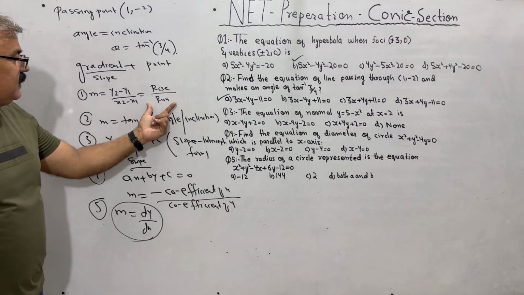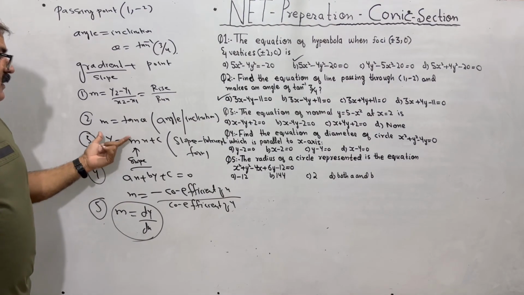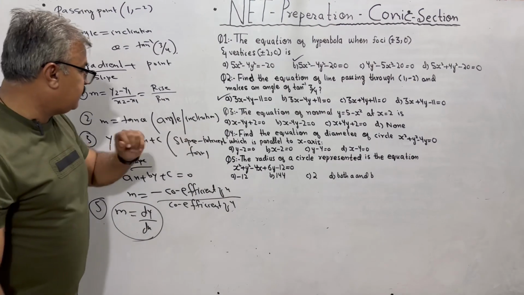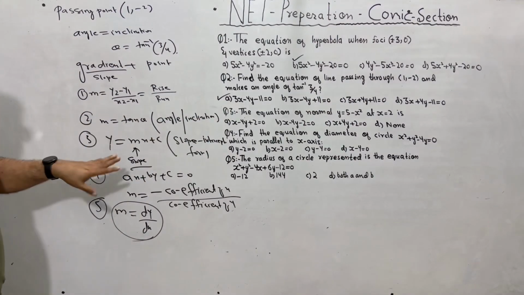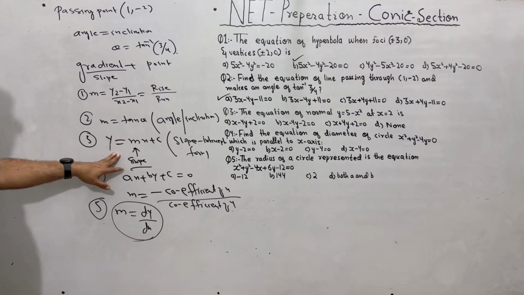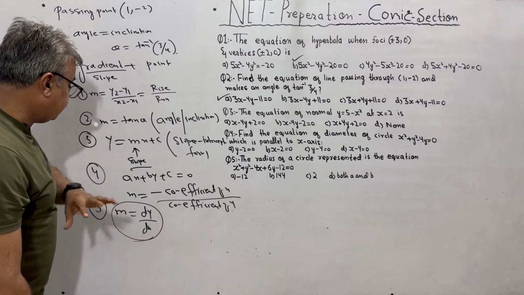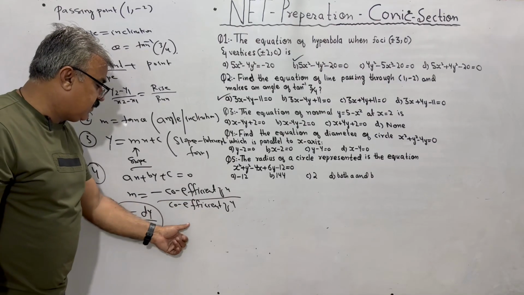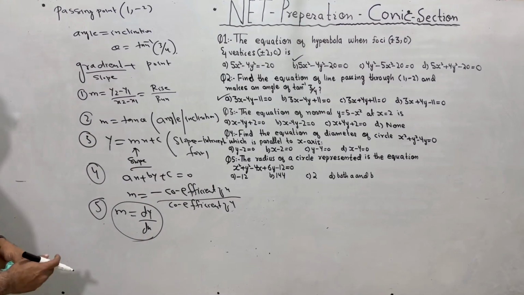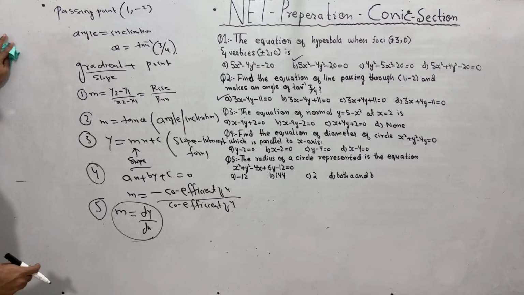M is equal to tan theta, inclination, is the term common towards physicists. That's our slope intercept form, especially used in O and A levels. Negative coefficient of x over coefficient of y, or dy upon dx, finds the gradient or slope.